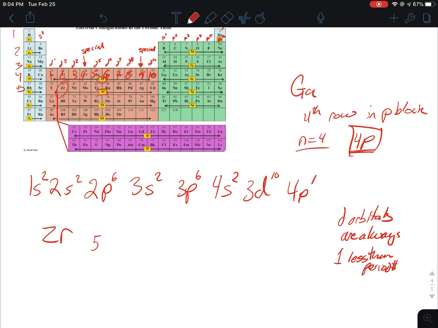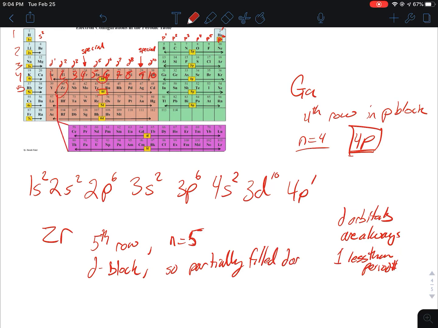It's in the 5th row, so there is going to be an n equals 5, but it's in the d block or d group, so a partially filled d orbital.